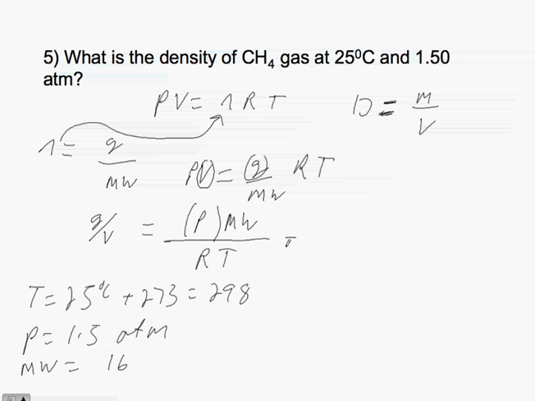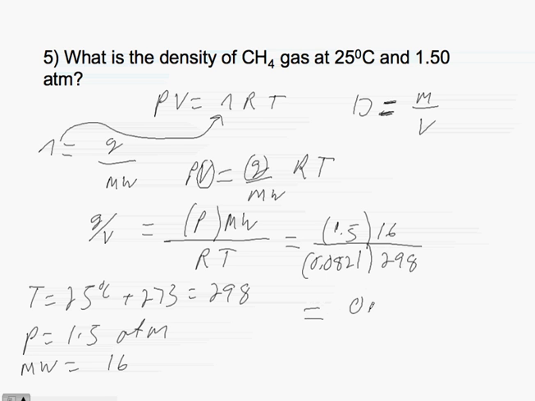So I substitute this information back into the equation: pressure 1.5 times 16 for the molecular weight, divided by my ideal gas law constant 0.0821 times my temperature, which is 298. This gives me my answer as 0.98 grams per liter, which is what we have for density.